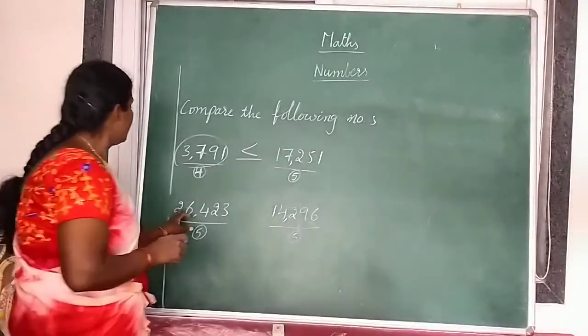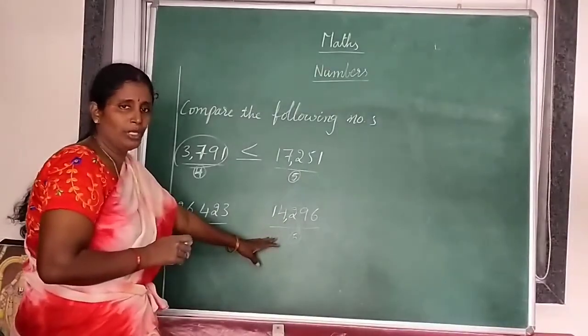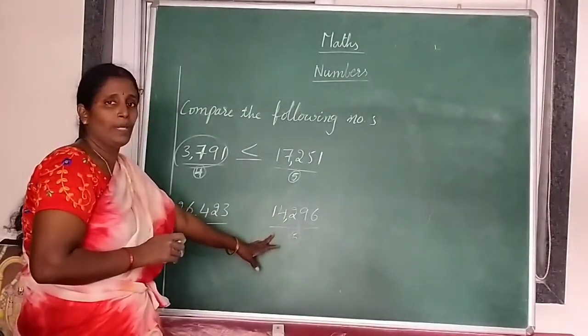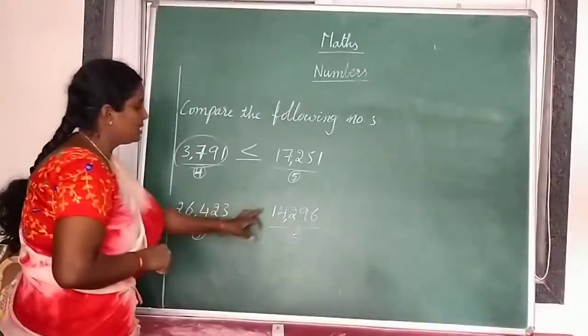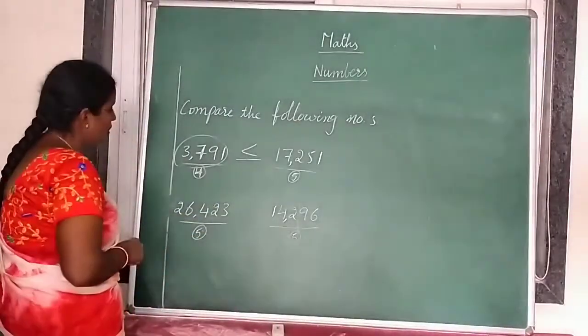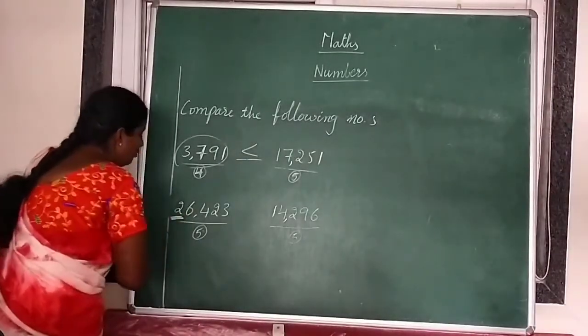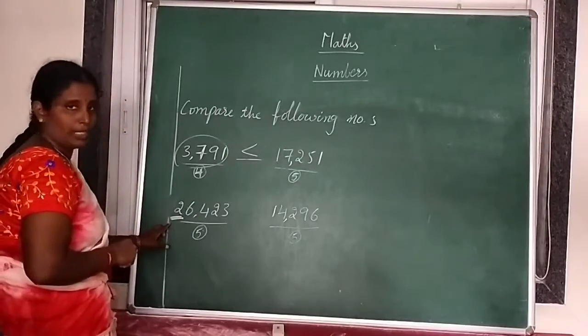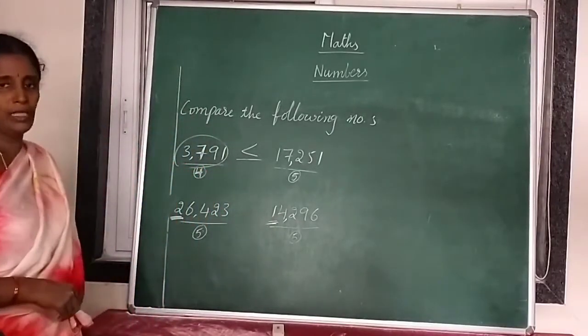Yes. So if there are the same number of digits in both numbers, compare from the highest place. In the first number, 2 is in the 10,000 place, and in the second number 1 in the 10,000 place.